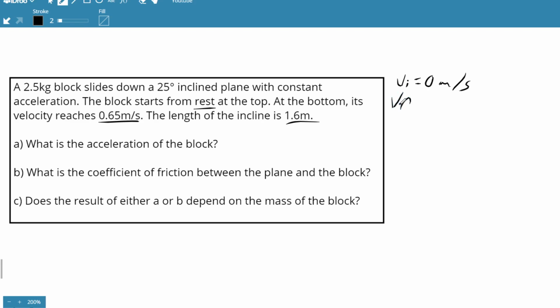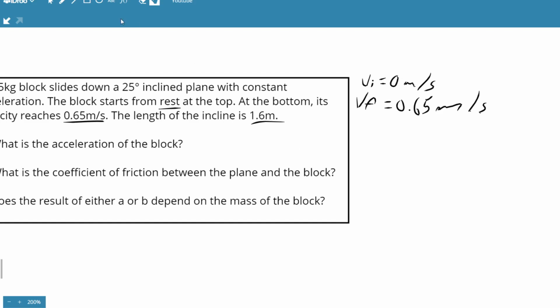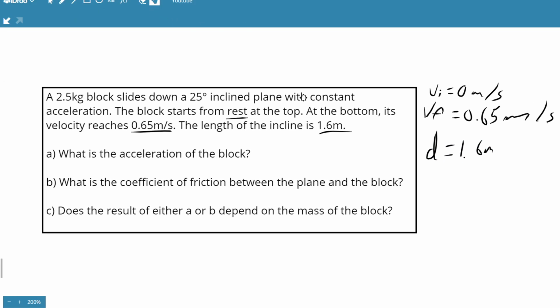That is Vf, 0.65 meters per second. And the length of the incline is 1.6 meters. Let's say D equals 1.6 meters. And I think that's all the information we need to find the acceleration of the block.